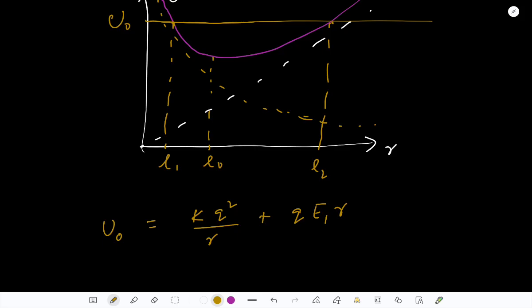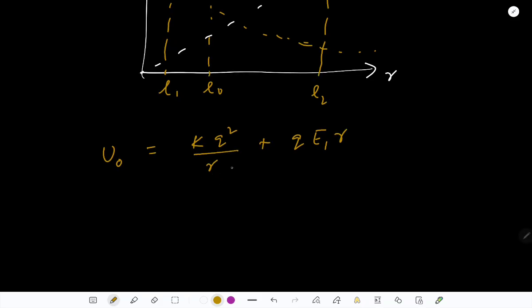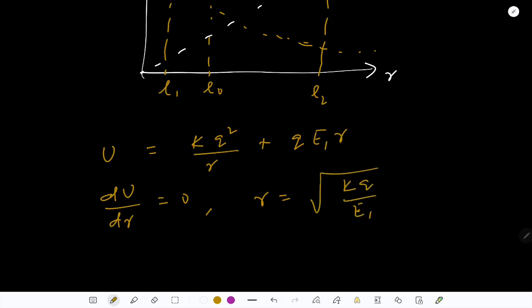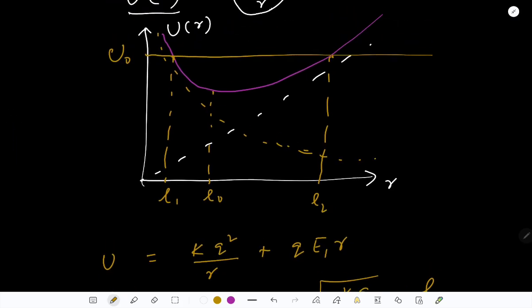And if you would like to solve the equation in terms of r, you can find dU by dr, and if you calculate dU upon dr equal to 0, you will get the value of r. The value of r will be under root kq by E1, and this is our L naught basically in this picture. And this picture simplifies everything.